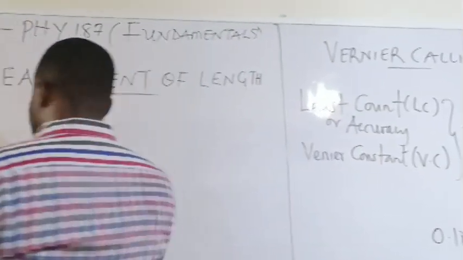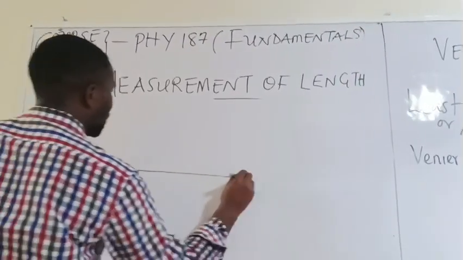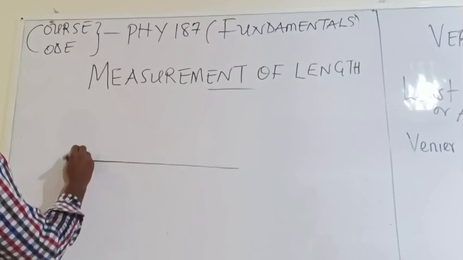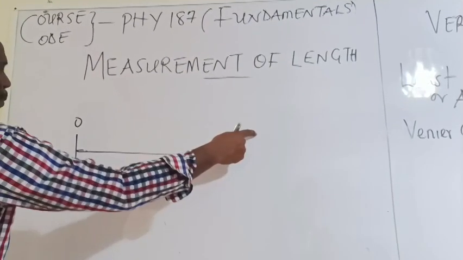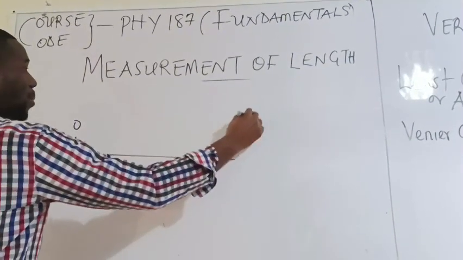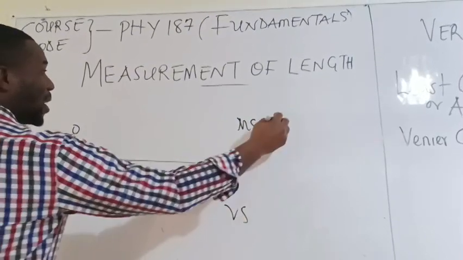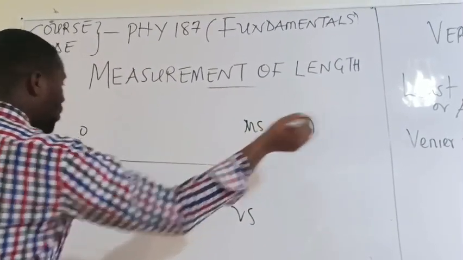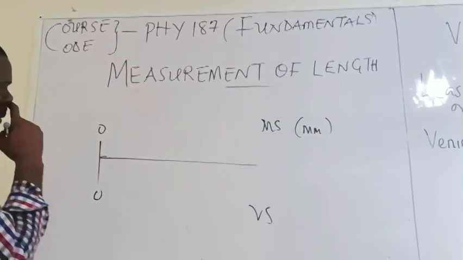But let's see. Now, if I have a Vernier scale like so, this is the main scale, and this is the Vernier scale. And let's say the main scale is in millimeter, right?